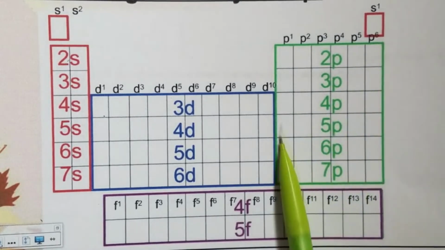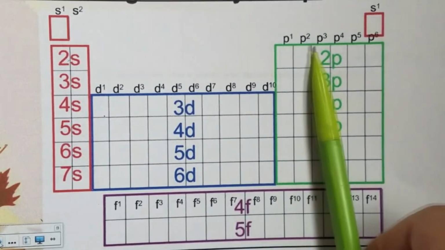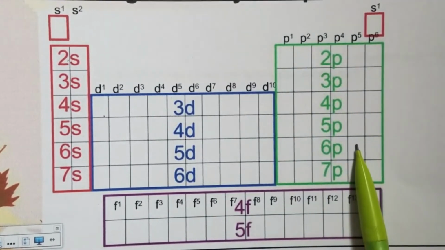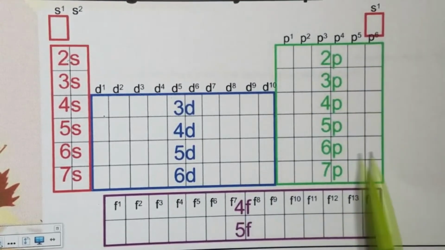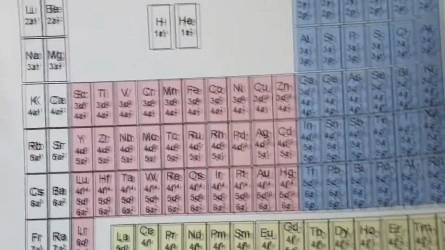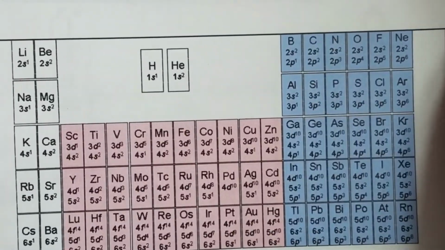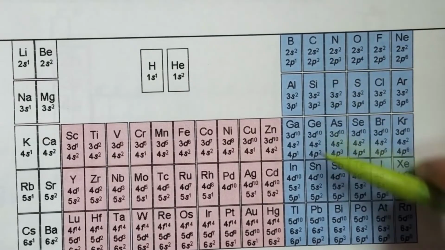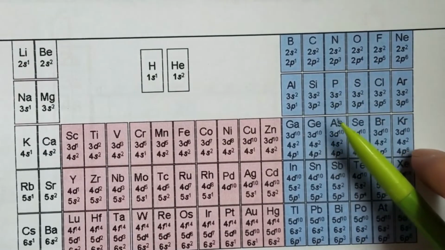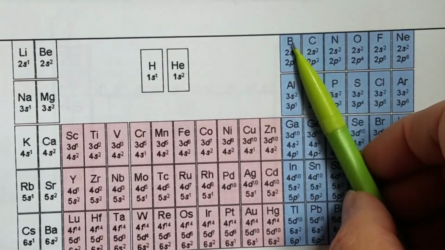For this one, that should be 6p2, and this one should be 6p5. The p blocks are those in blue. So 2p1 is boron.